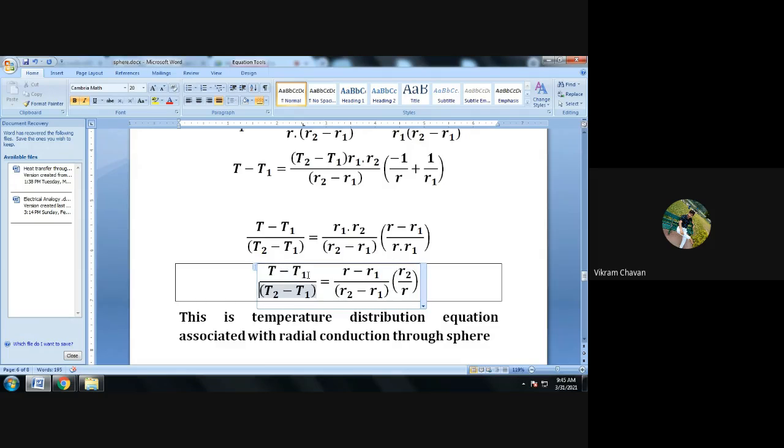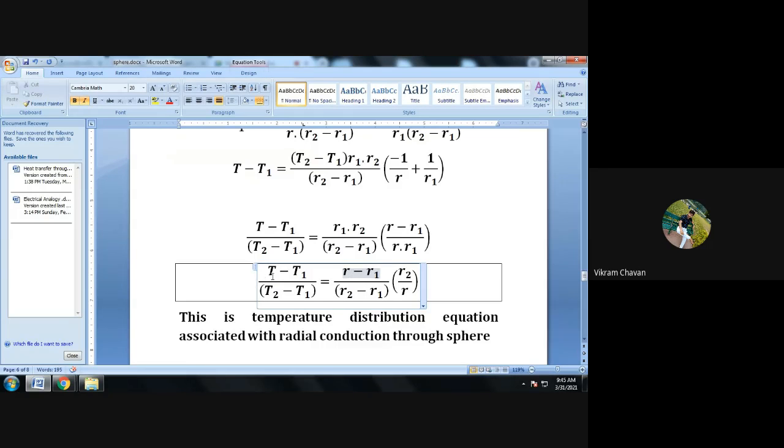If you know the sphere inside temperature T1 at radius R1 and the outside surface temperature T2 at radius R2, these are the known quantities, and we have to determine T at radius R, at any distance from the center. That can be easily determined using this equation.